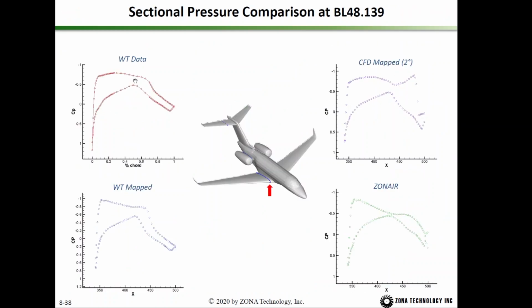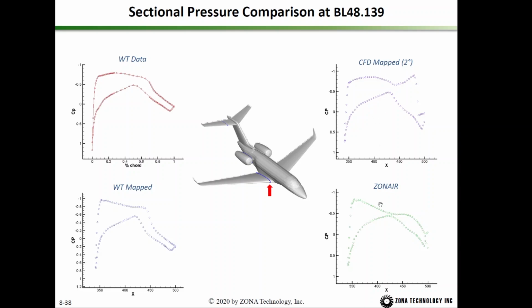So this is the wind tunnel data. This is the mapped wind tunnel CP on the ZONAIR panel model. You can see they have good agreement along this span station, and this is the mapped CFD CP. The difference between CFD and the wind tunnel is that this angle of attack is 1.7 degrees, and this is at 2 degrees.